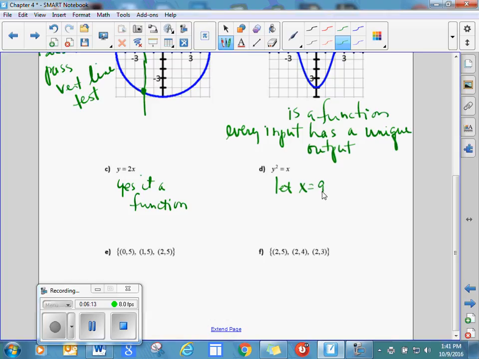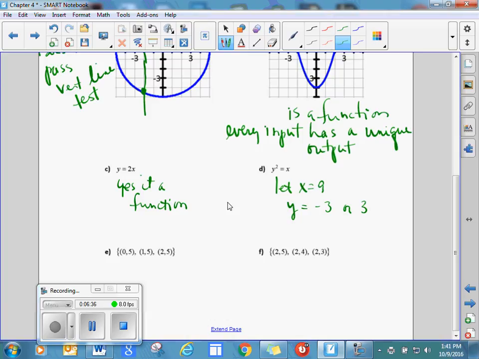If x is 9, then y could be -3, or y could be +3. So if x is 9, then -3 squared would be 9, and +3 squared would be 9.